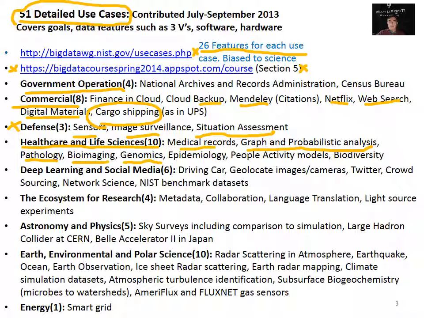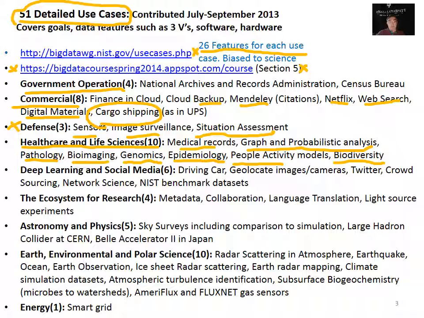Genomics is well known to be important. We actually gave that as one of our examples earlier on in the data access section. Epidemiology is the study of population-level features, and then there is the use of people activity models, and biodiversity, which we actually did in the sample we gave.